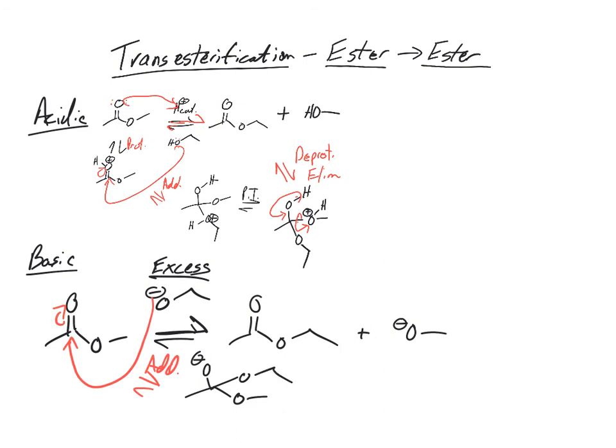Because we maybe have excess of this, we'll get to this intermediate a lot, and eventually, again, excess of one reagent shifts towards products. And what's going to happen, this will come down, that'll kick out, so that's the elimination step there, and that gets us to the two products.